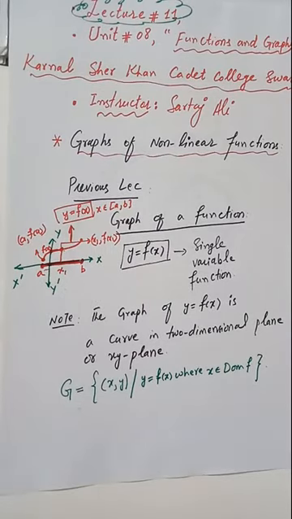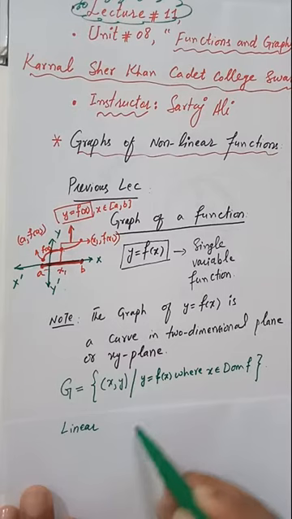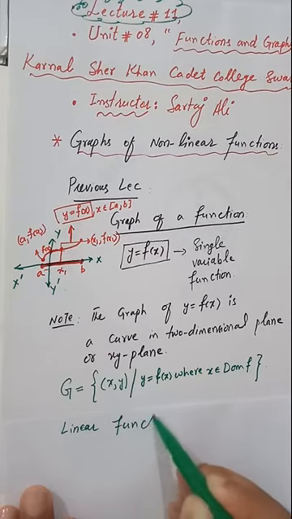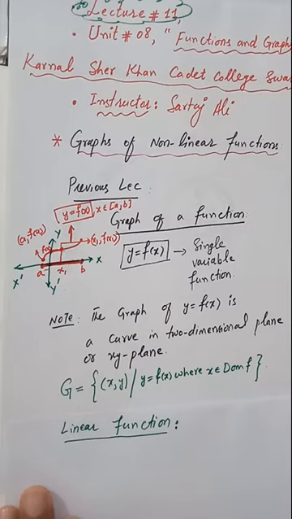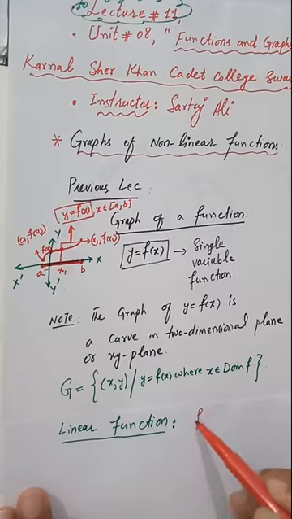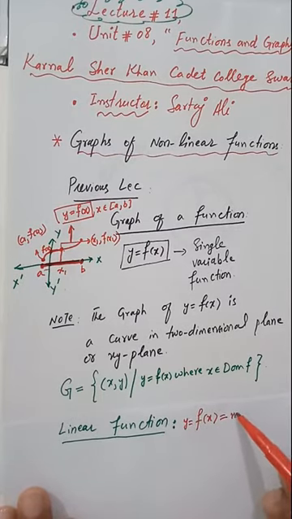If I consider a linear function in general form, the general form of a linear function is f of x is equal to mx plus b.